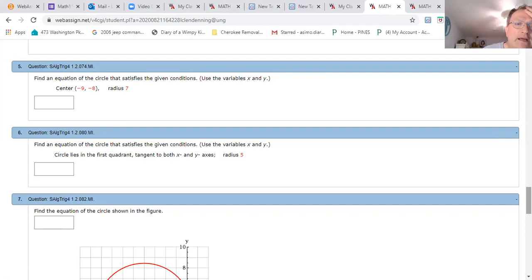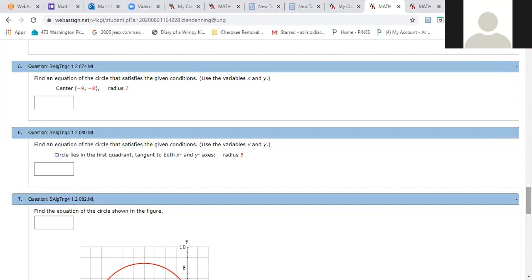Hard to get back to where I could write and show you this. I can't really write on the screen. Maybe I can orally tell you. Since your center, go ahead. You're going to have a parentheses and an x plus 9, close parentheses squared.